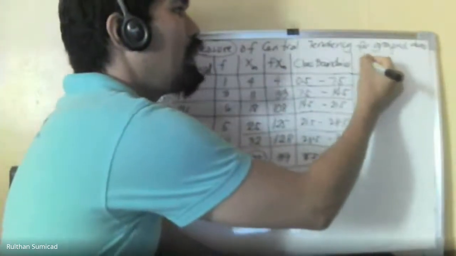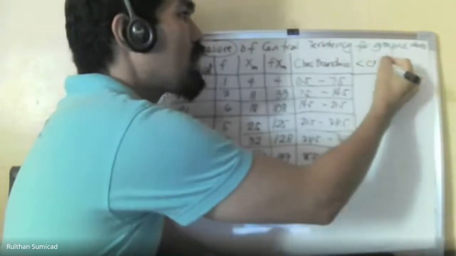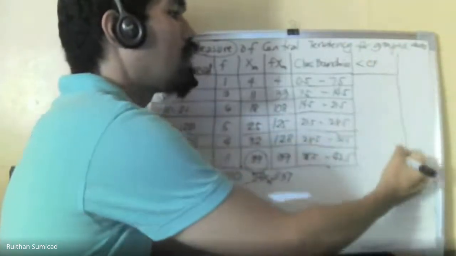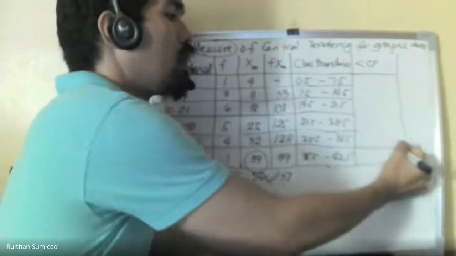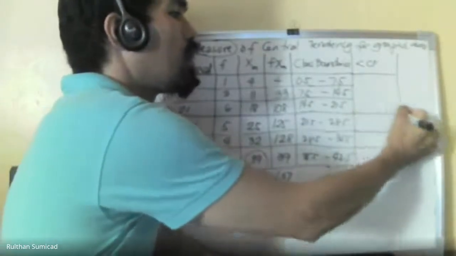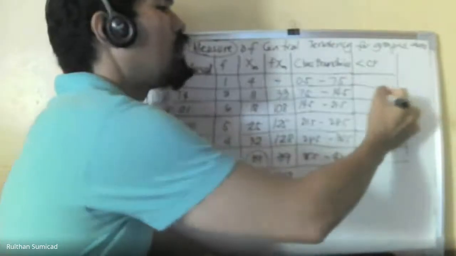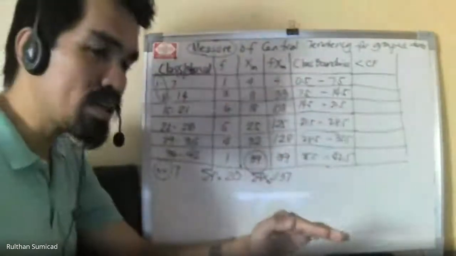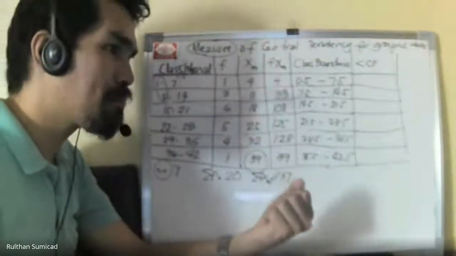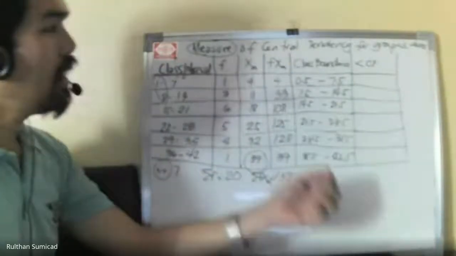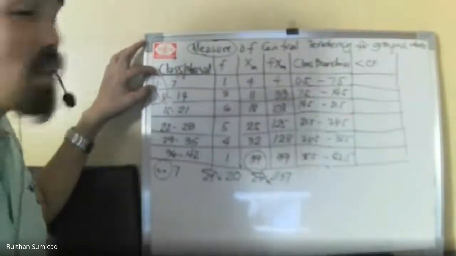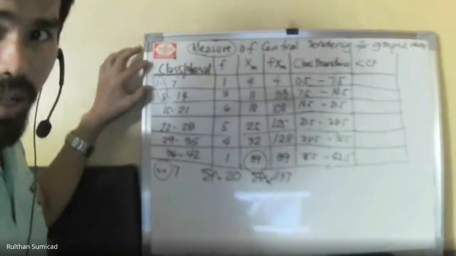Now, finally, the last column here is intended for our less than cumulative frequency. The less than cumulative frequency, this is how we do it. From the lowest class interval, we will get the cumulative of the frequencies. If you notice in this table, our lowest class interval is this one, meaning this is where the lowest score should fall.